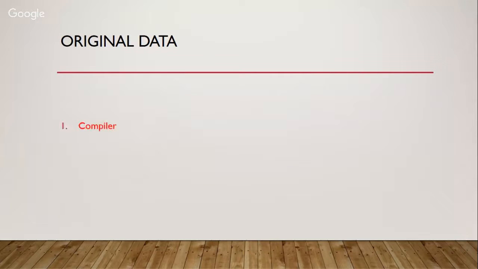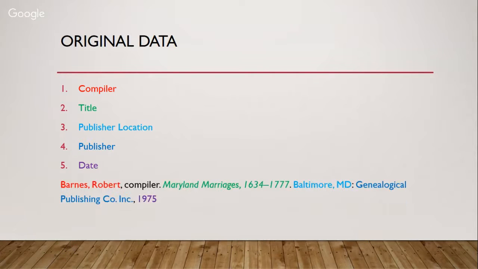Where did Ancestry get it from? Who was the compiler? What was the title of the compiler's database or book, whatever it was? What is its title? The publisher's location and who the publisher was and the date. In this specific example, it's Robert Barnes, who was the compiler, and the book was called Maryland Marriages.